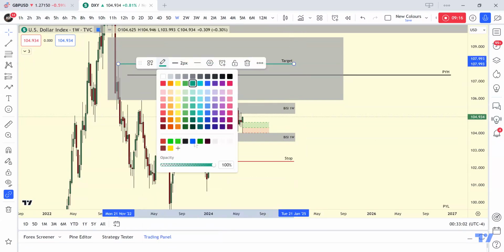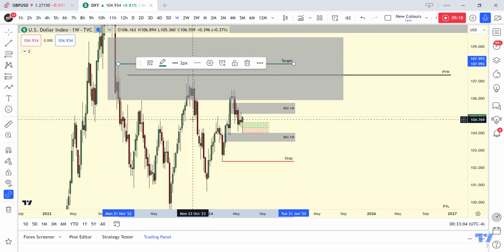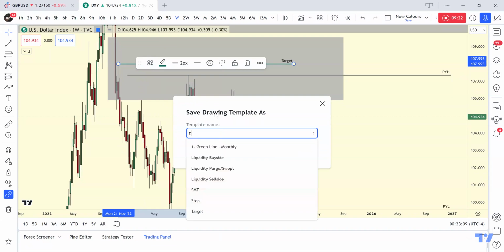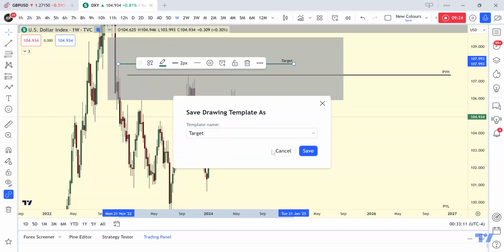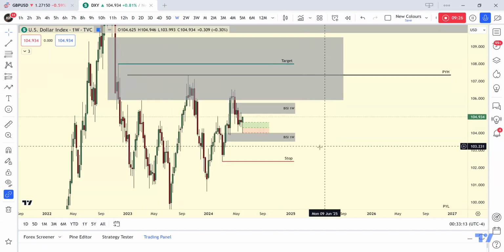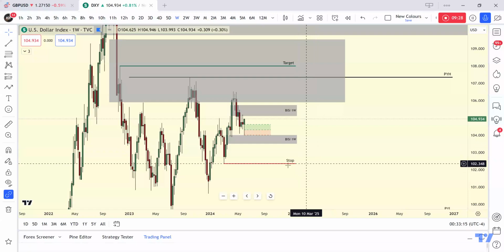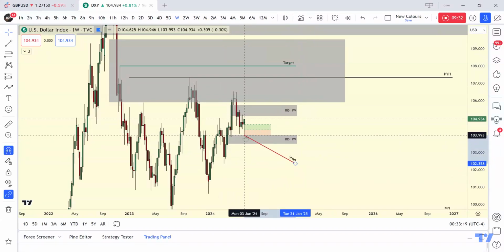Okay, let me just adjust the colors, something a bit better. This is what I'm looking at currently. If we do start moving higher, then I think a good stop would be here.